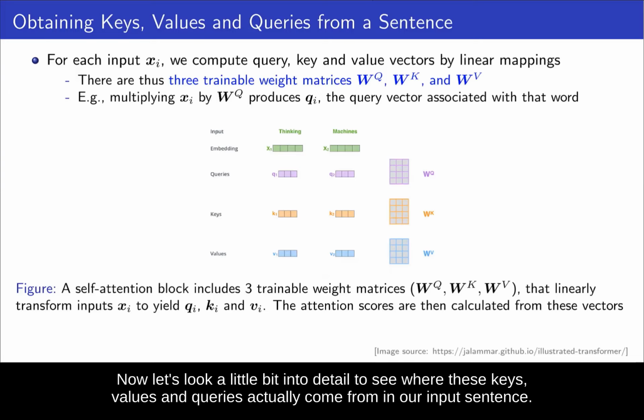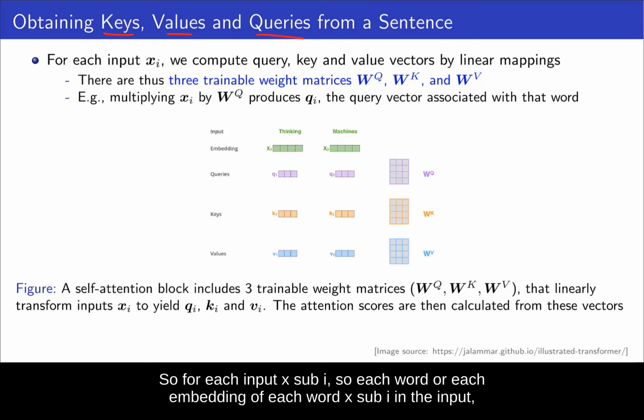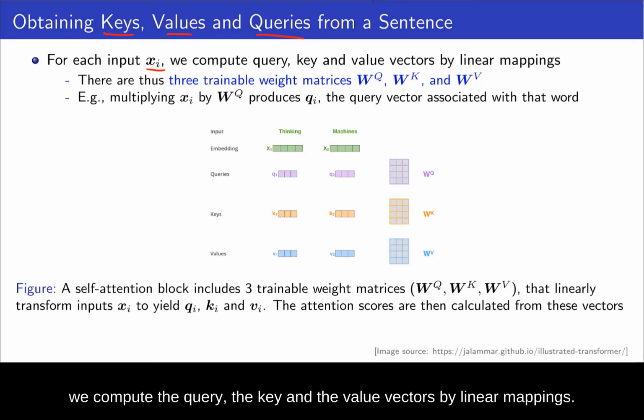Now let's look a little bit into detail to see where these keys, values, and queries actually come from in our input sentence. For each input x sub i, so each word or each embedding of each word x sub i in the input, we compute the query, the key, and the value vectors by linear mappings.